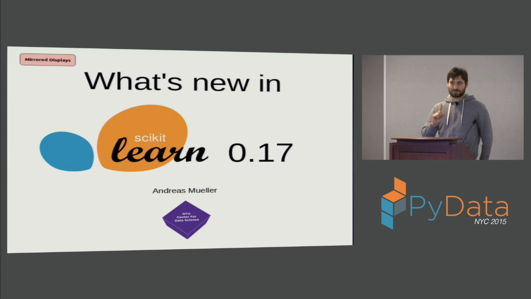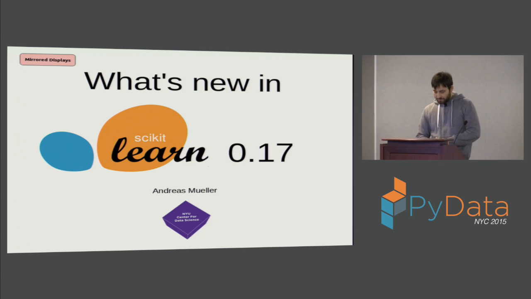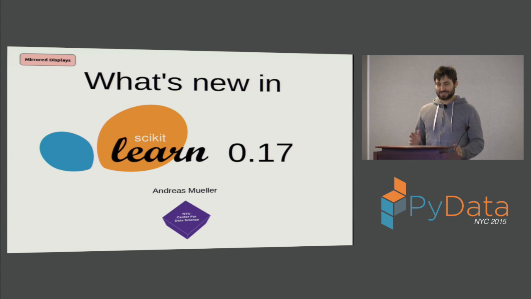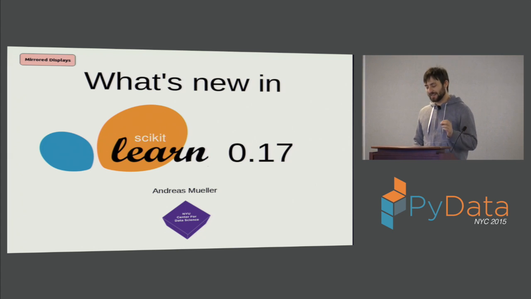So there's one thing that is important, a deprecation, something that will change in the future that I didn't put on the slides. As you might know, if you work with scikit-learn, you have your NumPy array of data where each column is a feature and each row is a sample. Now make sure that you always use a 2D X. It should not have any other ndim than 2.